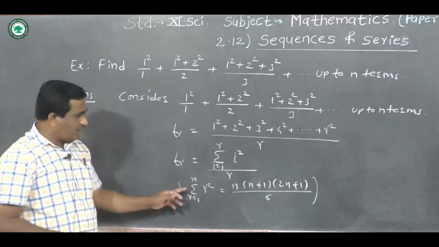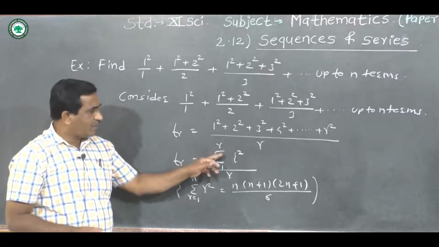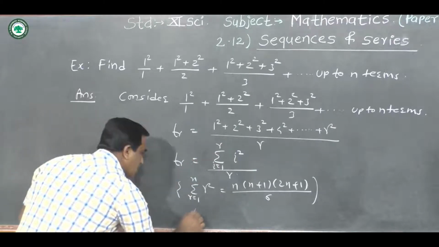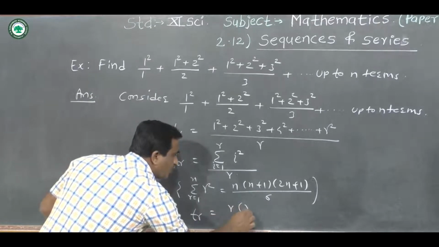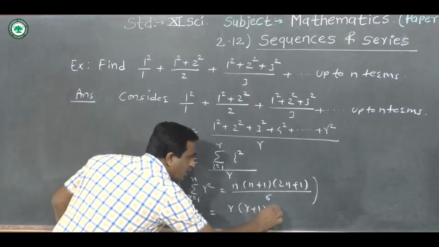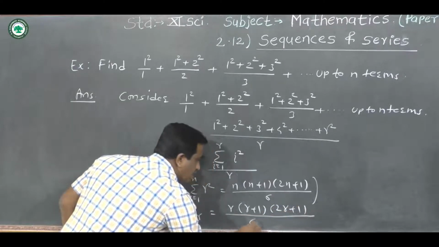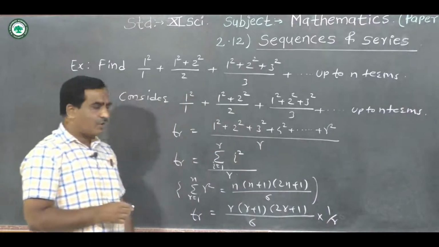Now in this summation there are n terms and here there are r terms. Therefore, we can write the value of this summation by using this formula: T_r equal to r into r plus 1 into 2r plus 1 upon 6, into this 1 upon r as it is.